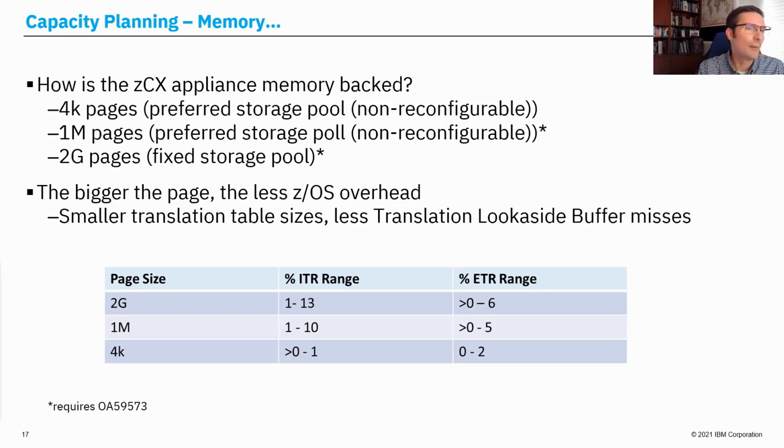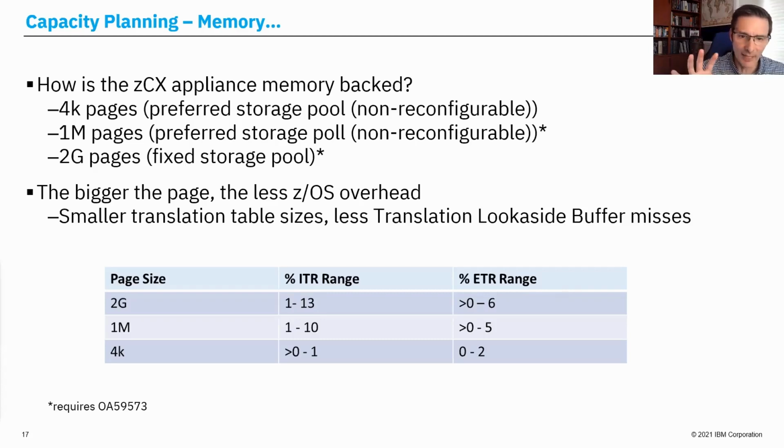And of course, the bigger the page, the less z/OS overhead is going to be necessary to use those translation look-aside buffers. And so we found that you can get up to about 13% throughput improvement by using 2 gigabyte pages, up to 10% for 1 megabyte, and with 4K, of course, you're not going to necessarily see any benefit.